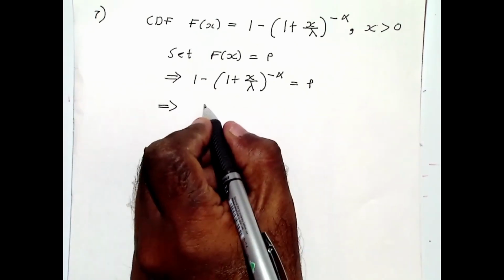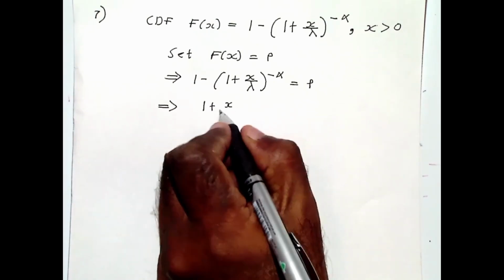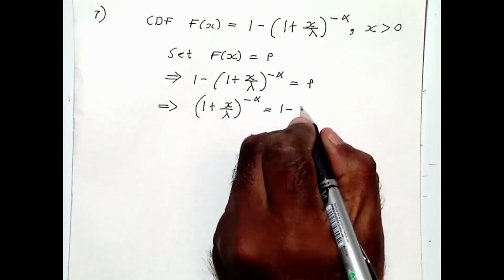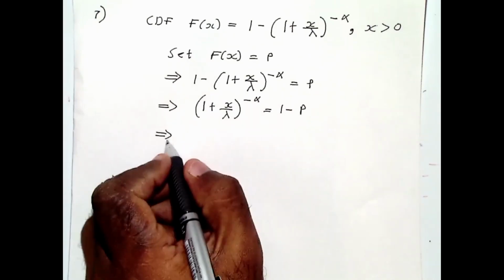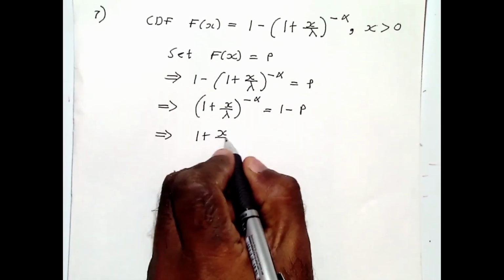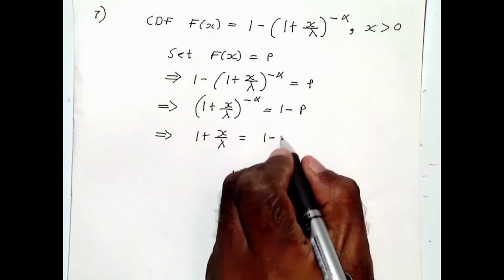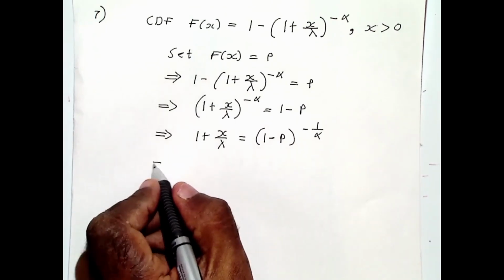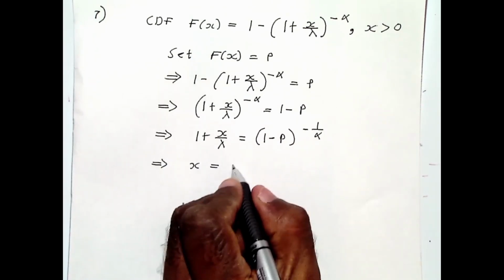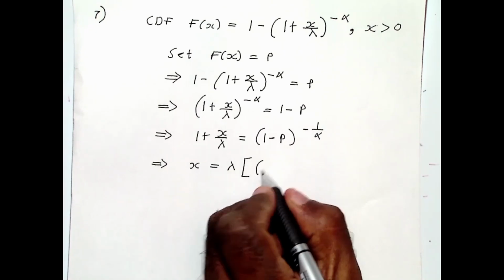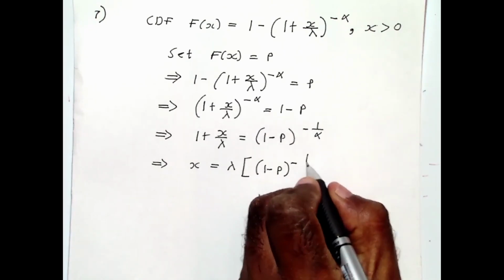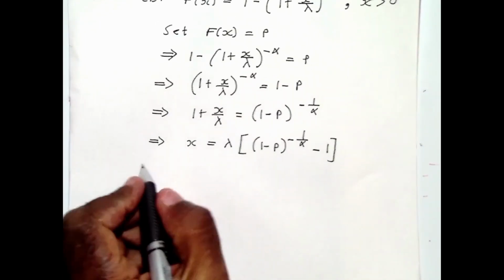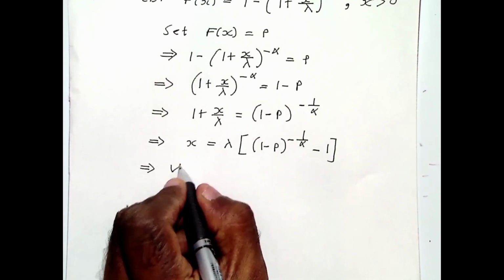And this implies that, okay, and this implies that, alright, so hence your X is equal to lambda times, okay, so your expression for value at risk or VaR.